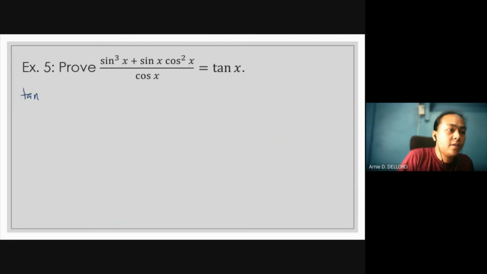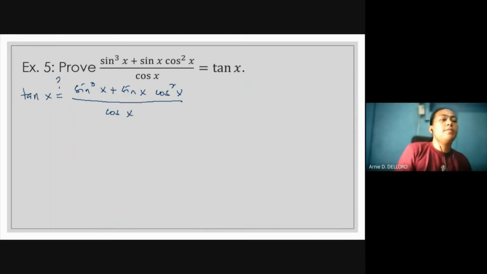We have tangent x. So hindi natin alam if they are equal. So we have sine cube x plus sine x cosine squared x all over cosine x. Okay? If you will notice, the numerator, okay, di ba merong dalawang terms? And the both terms has a common factor.